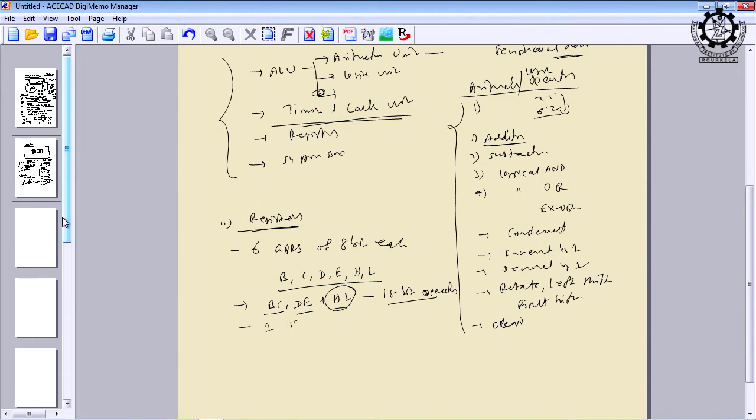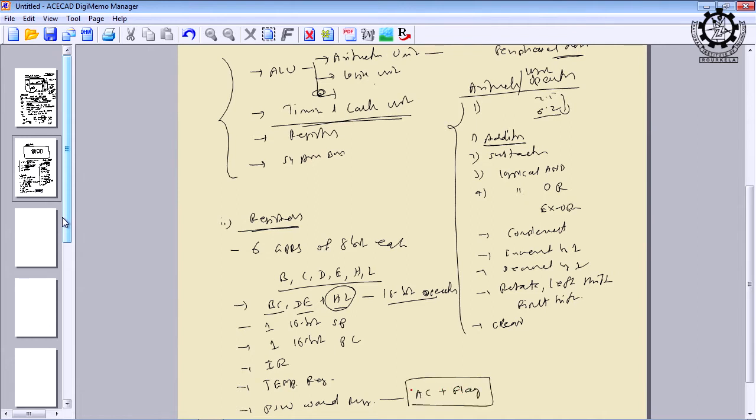And one 16-bit stack pointer, and one 16-bit program counter, and there is an instruction register, and there is a temporary register, and there is a program status word register. So, the program status word register is accumulator plus flag register. Is it okay? So, these are the set of registers available in microprocessor 8085.